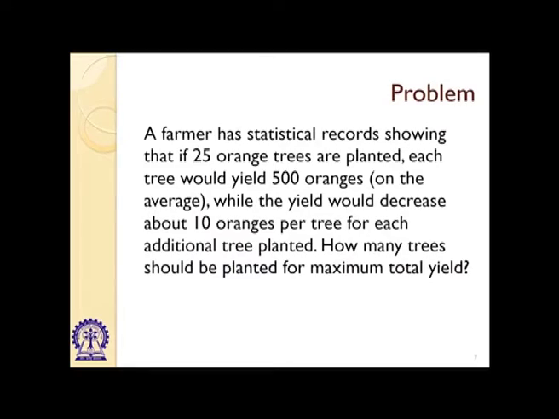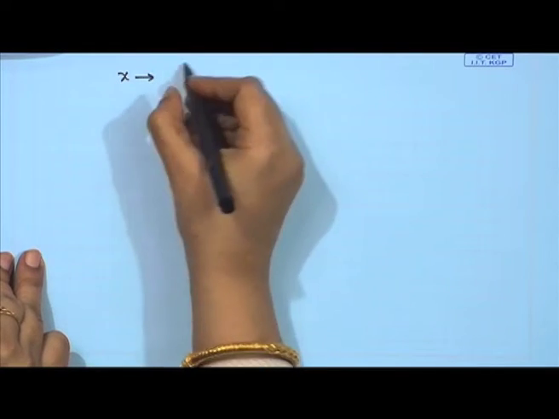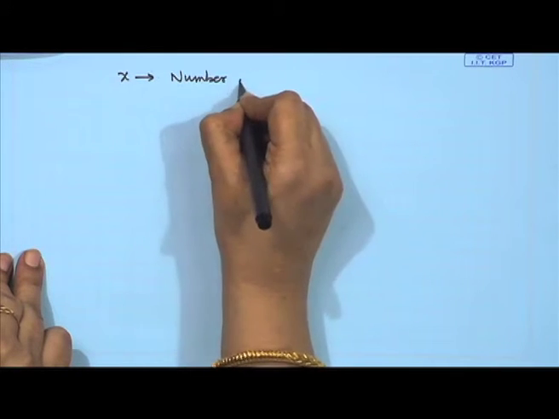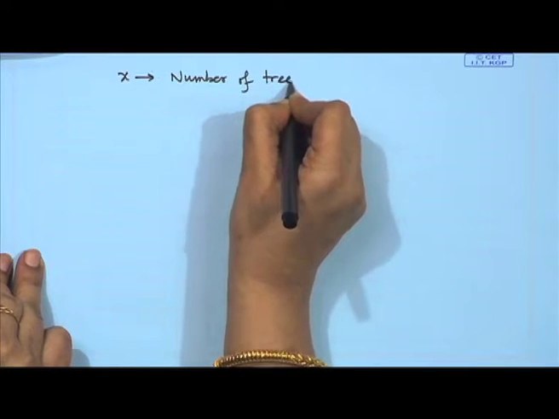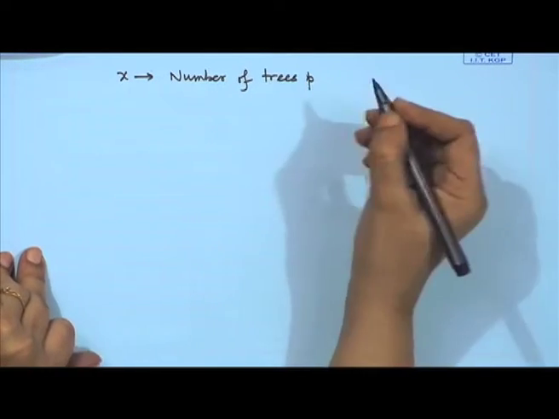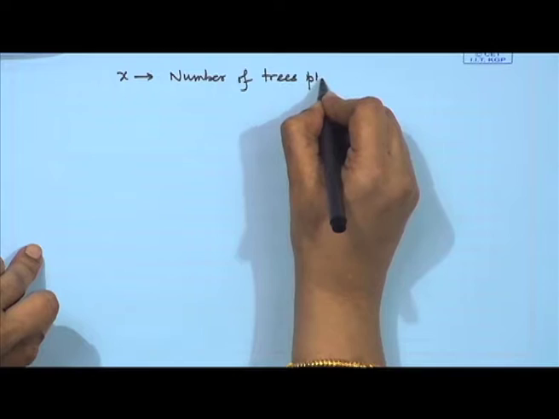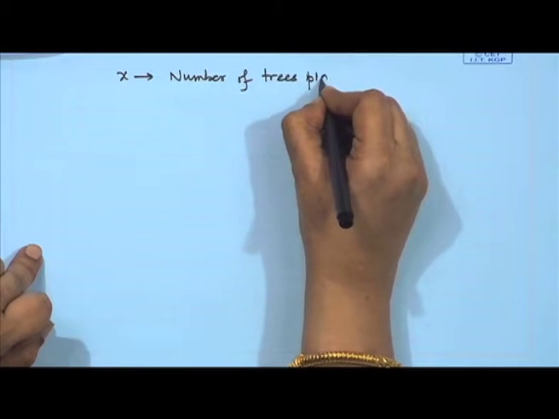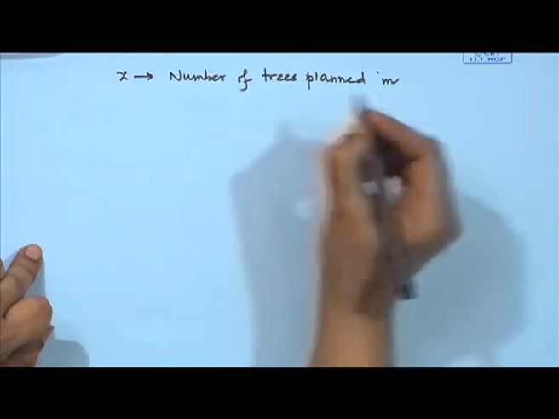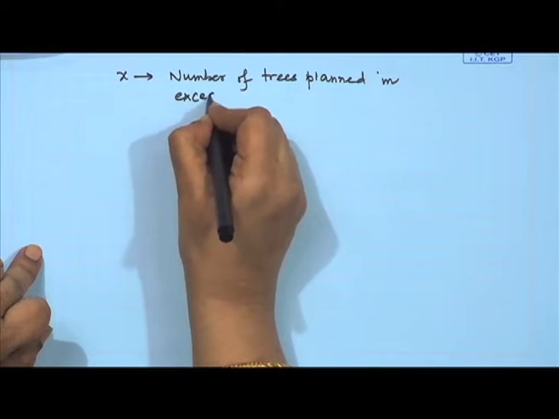Now, let me solve it manually. Let me consider the variable x as the number of trees the farmer is planting in excess of 25.